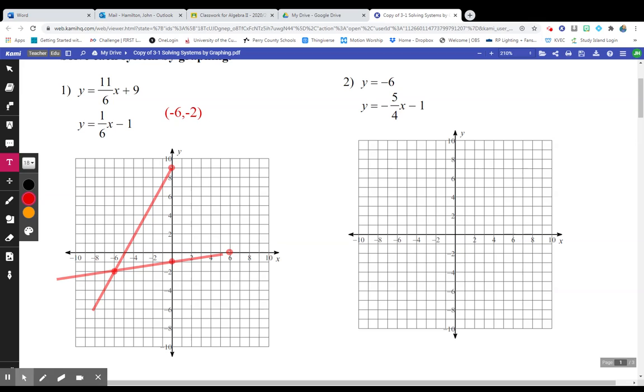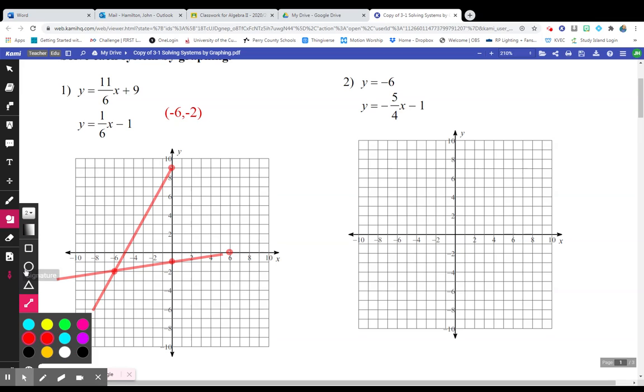So this bottom one, let's deal with it first. I'm going to go ahead and grab my shapes again over here, and I'm going to grab my circle tool, and let's go ahead and graph this bottom one. So its y-intercept is at -1. We do that real quick, and then the slope is -5/4. So I'm going to go down 5, 1, 2, 3, 4, 5, and over to the right 4, 1, 2, 3, 4.